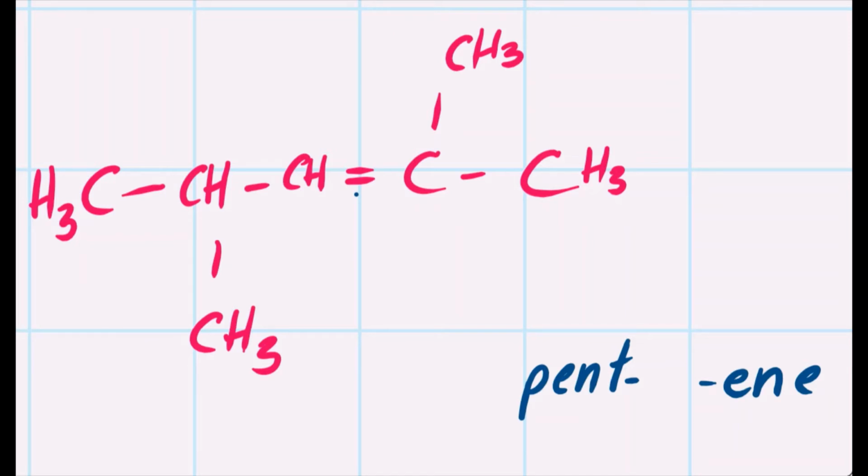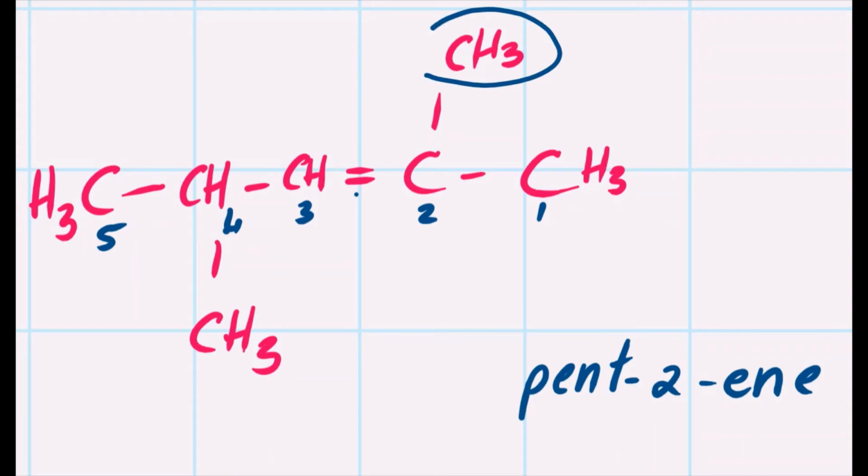So these substituents, although if I count from this end 1, 2, that would make this number the lowest. We need to count our carbon chain in priority to make that alkene the lowest number. So 1, 2, 3, 4, 5. Our alkene starts on carbon number 2, so this is pent-2-ene.